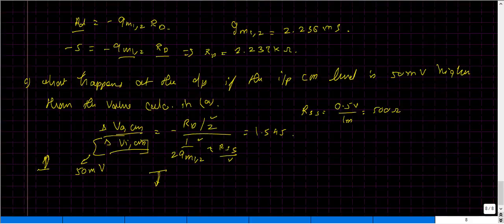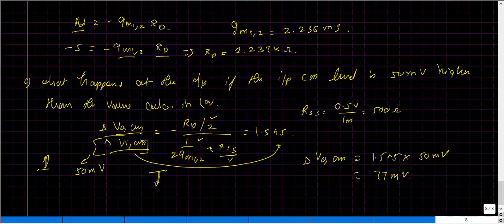That reduction quantity would be directly computed by multiplying the input shift with the gain that we have got right now. So when we do that, we get the change in the output Q point as 1.545 times 50 millivolt, which leads to a value of around 77 millivolt.